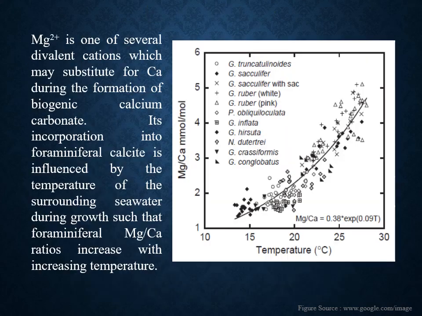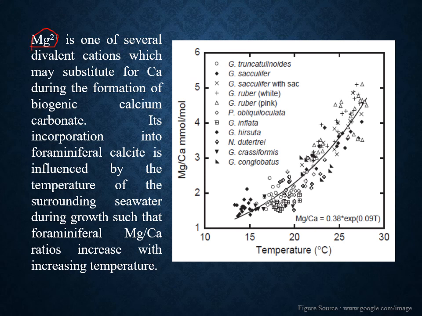Not only that, for marine organisms which have their shells made up of calcium carbonate, we all know that calcium can be substituted by magnesium because both are divalent cations.